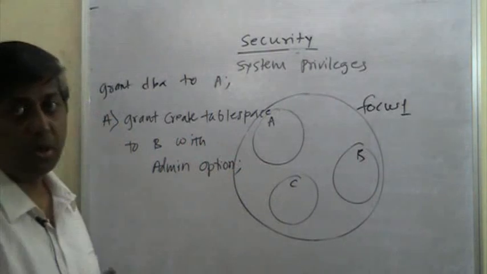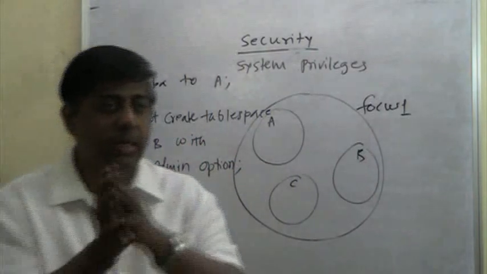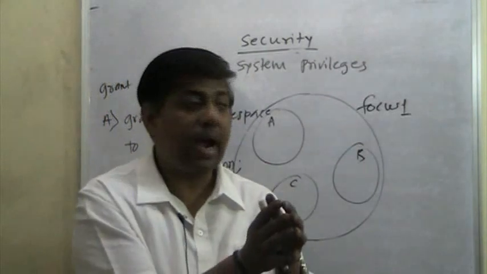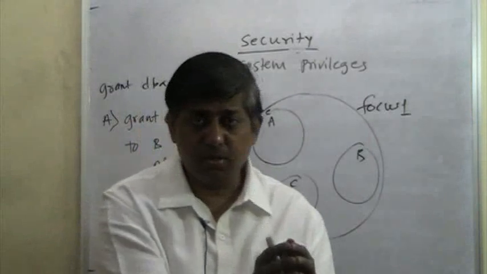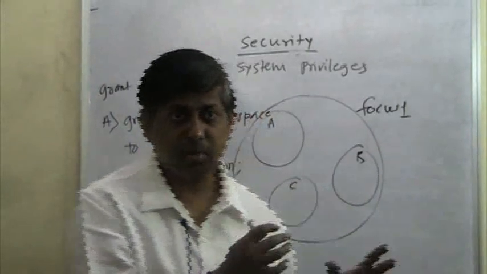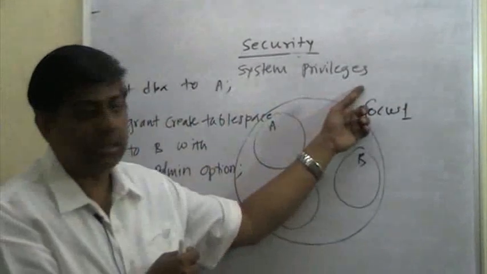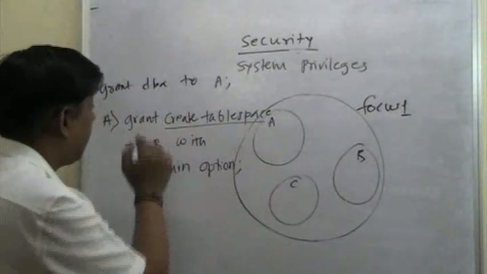Just like we saw in our object level privileges, one privilege is granted to another user with a grant option. Okay, and because of that, this new user is now able to grant that privilege to certain other users.